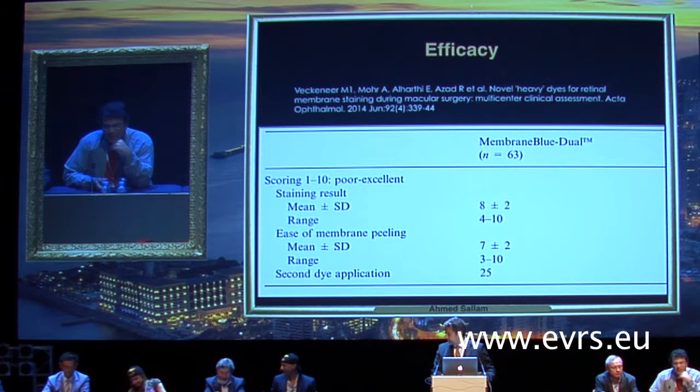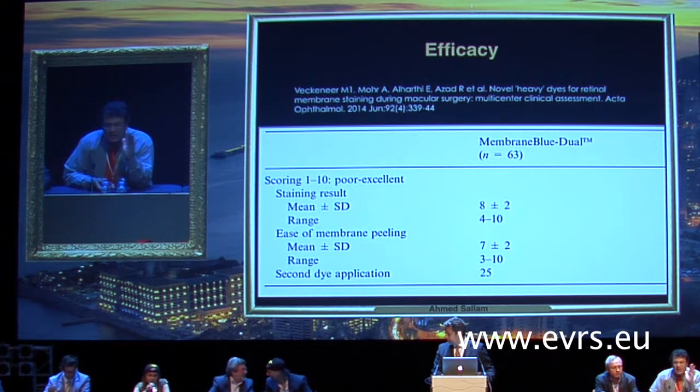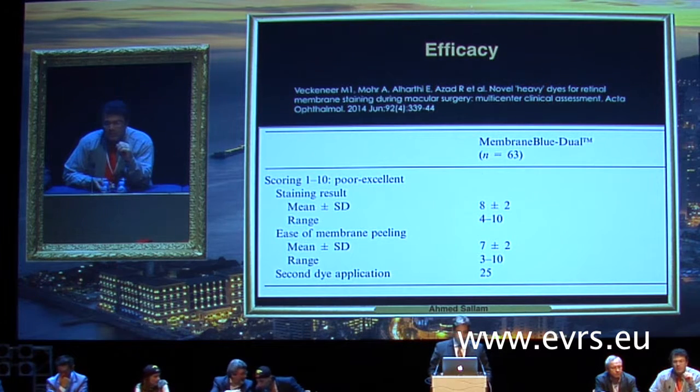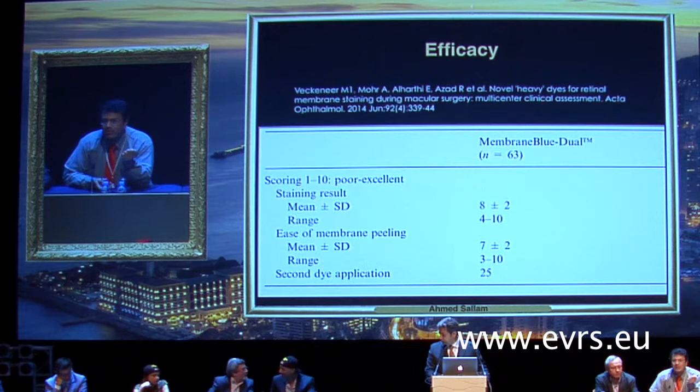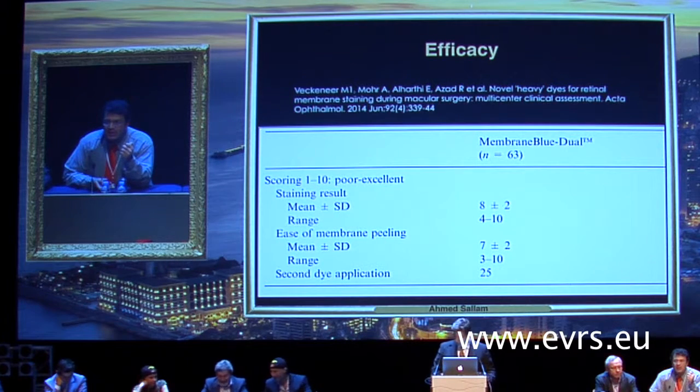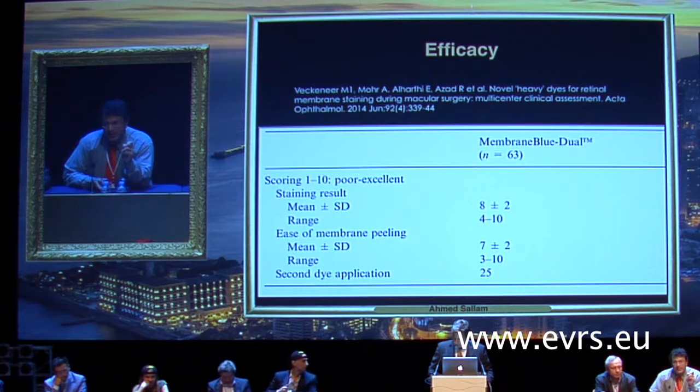They used a scoring system from 1 to 10. The mean staining surgeon satisfaction was about 8 out of 10, and the ease of membrane peeling was about 7, and in less than half the cases, they needed to stain again. And that's regarding the ILM peel.